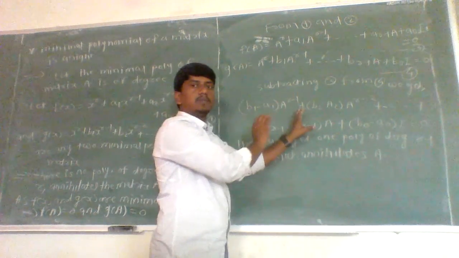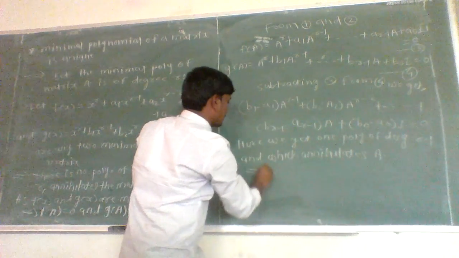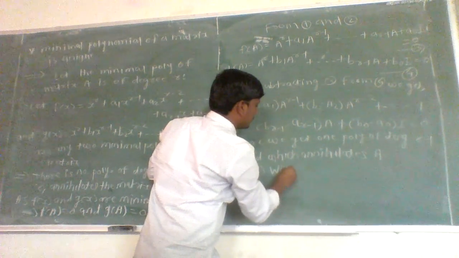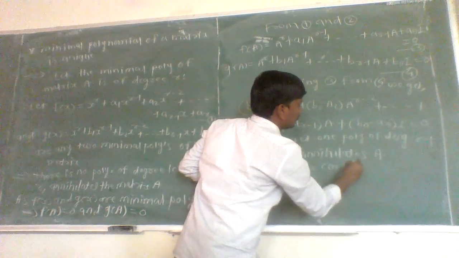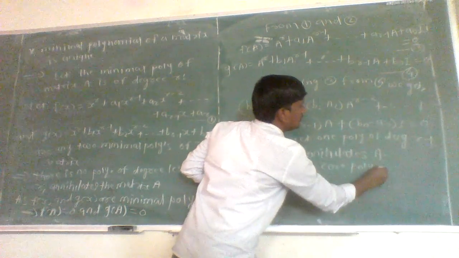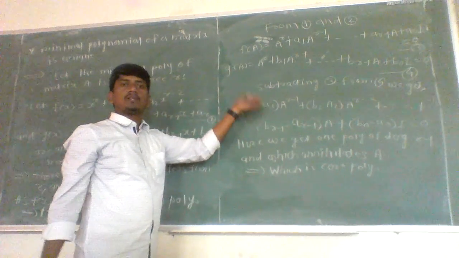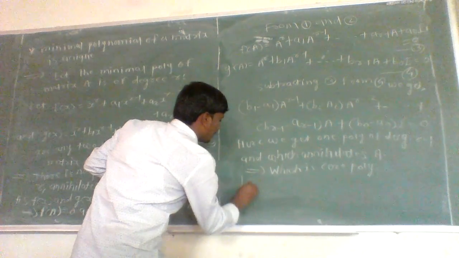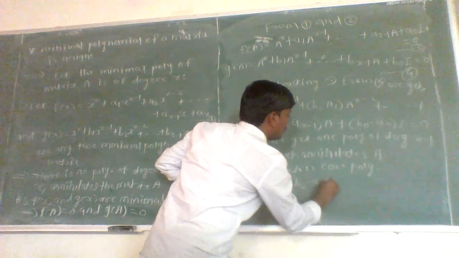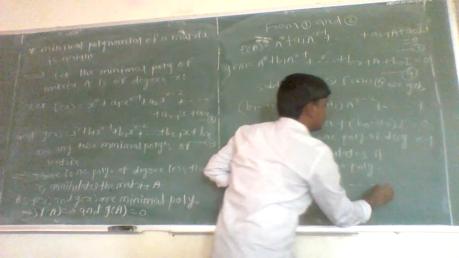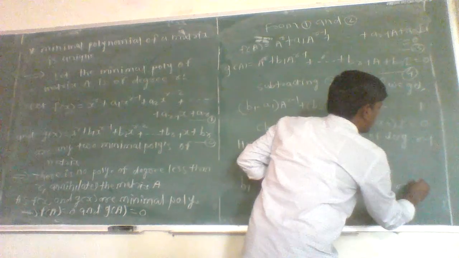Hence this polynomial must be a zero polynomial, and if it is a zero polynomial, then its coefficients must be equal to 0. That is, b1 minus a1 equal to 0, b2 minus a2 equal to 0, and up to so on.